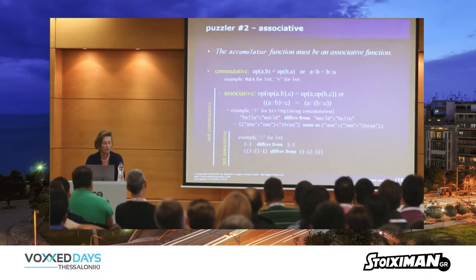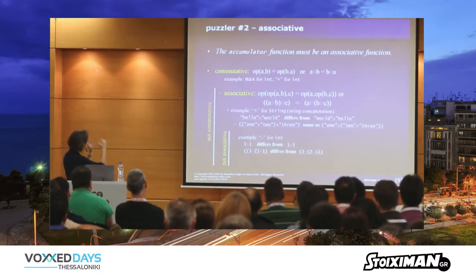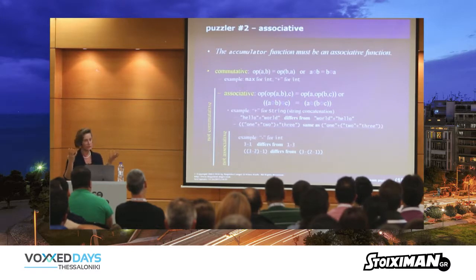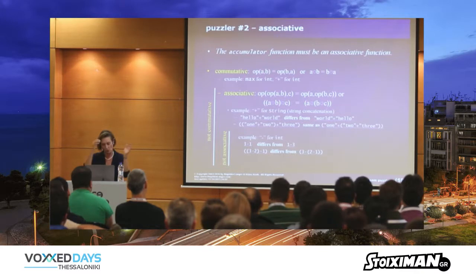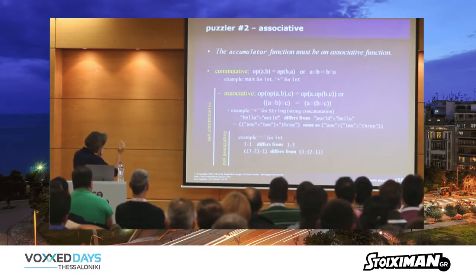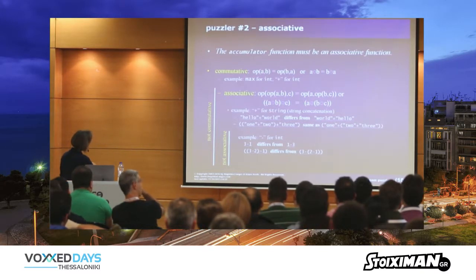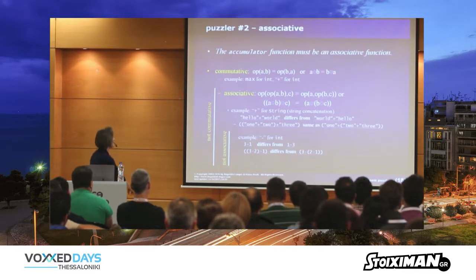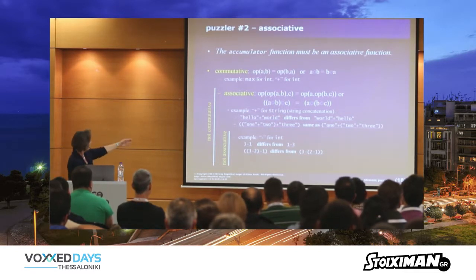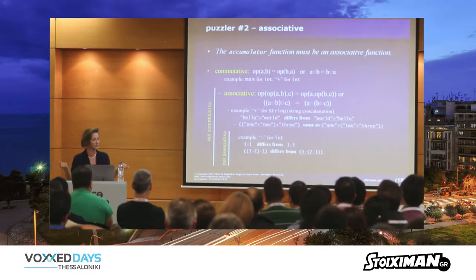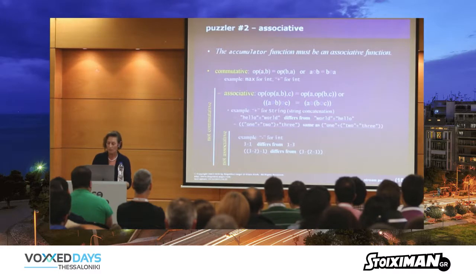But it is associative. It is associative because the way in which you place the parentheses doesn't matter. So if you have 3 values being accumulated, it must not make a difference in which order you accumulate them, whether you accumulate the first two first or the second two first. And you see, if you have three different strings, it really doesn't make a difference with the string concatenation.